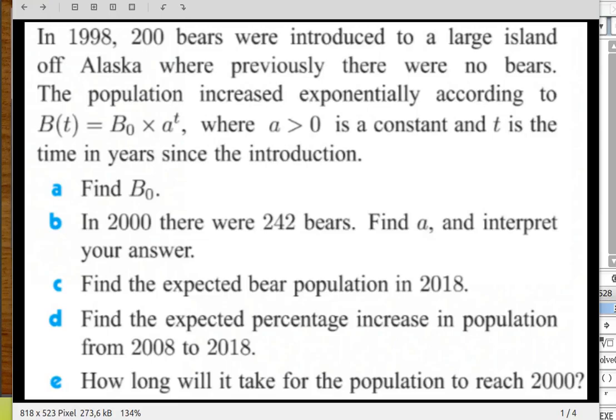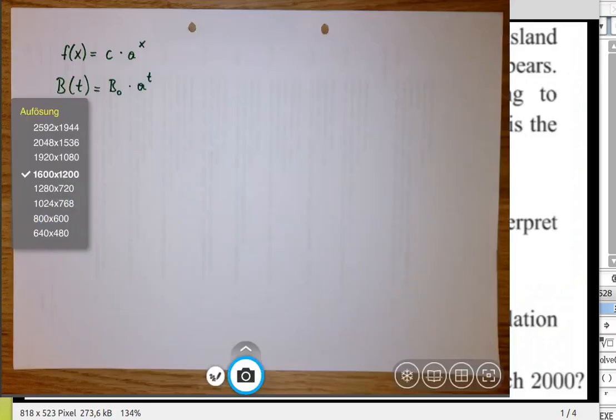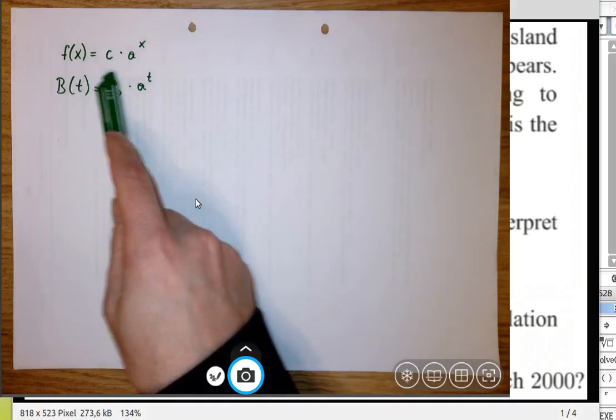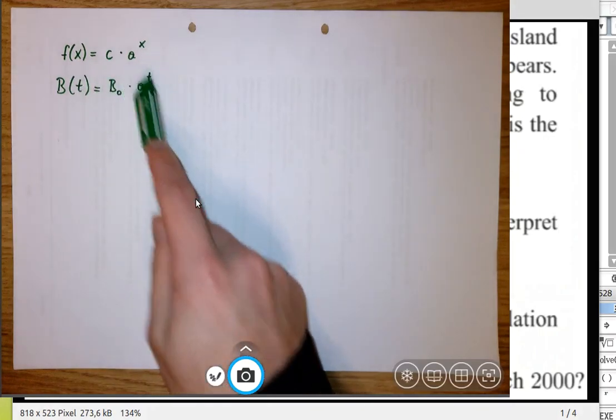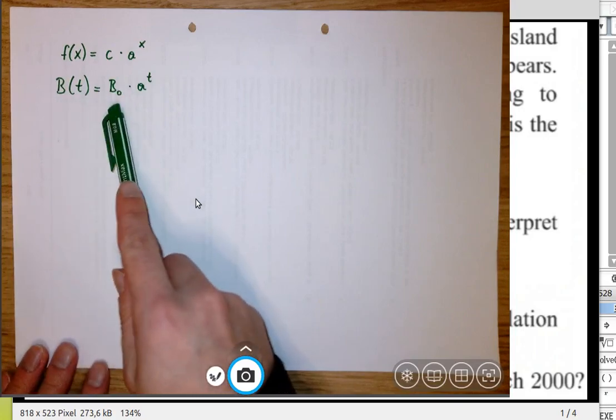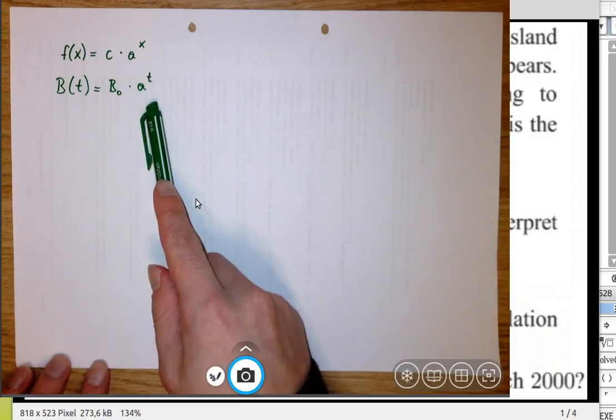Okay, let's start with an exponential model. I wrote down the general equation of an exponential model. It's f(x) = c times a to the power x, and they told us that in this problem we should use B(t) = B0 times a to the power t.